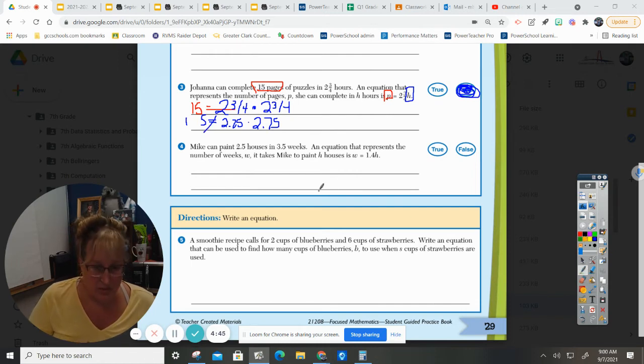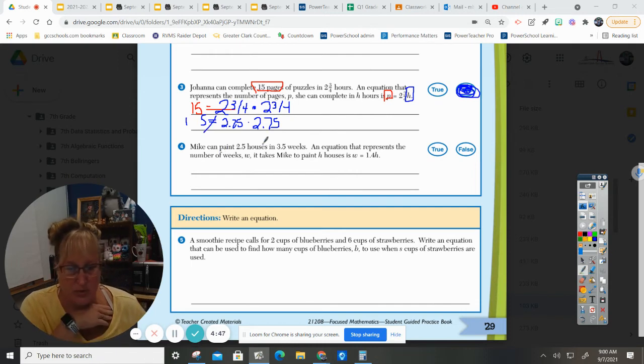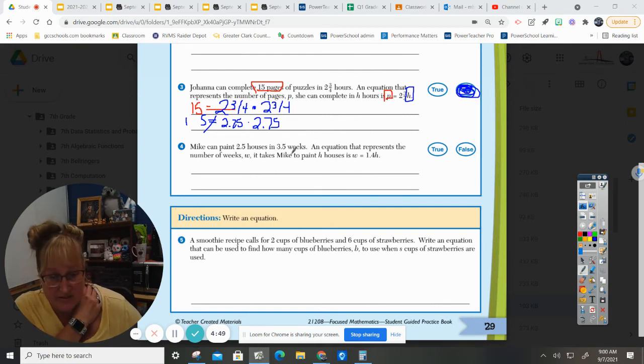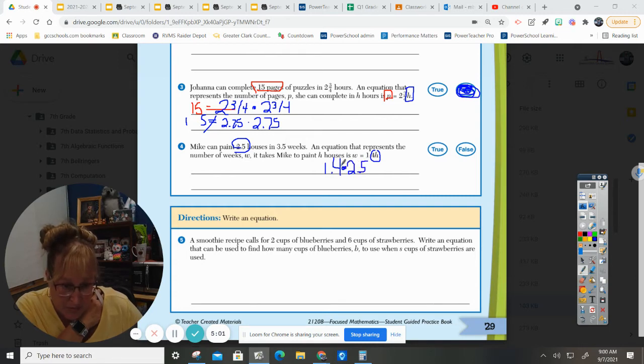All right, let's do it again. Another one. Mike can paint 2.5 houses in 3.5 weeks. So let's do houses here. So 1.4 times 2.5 does it equal W, where it's 3.5?